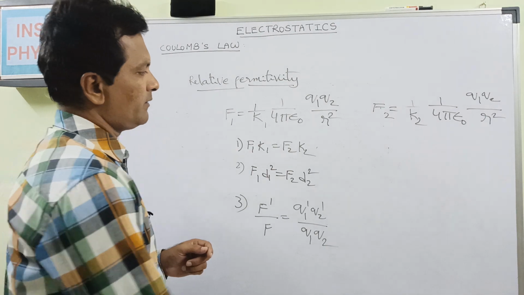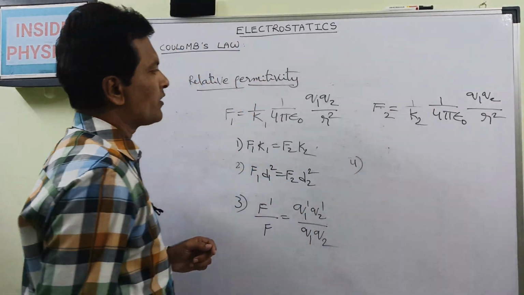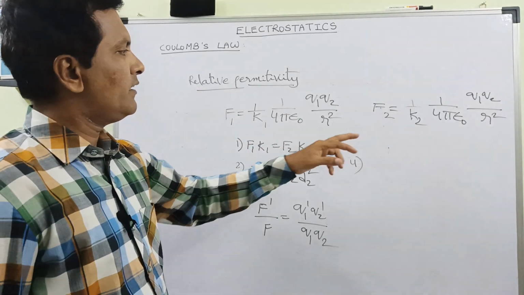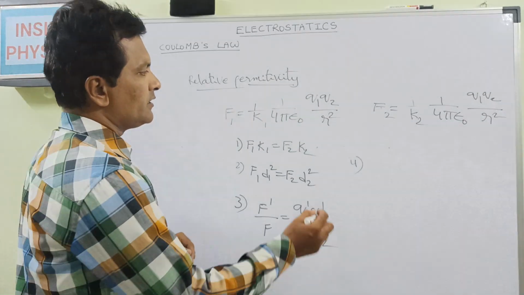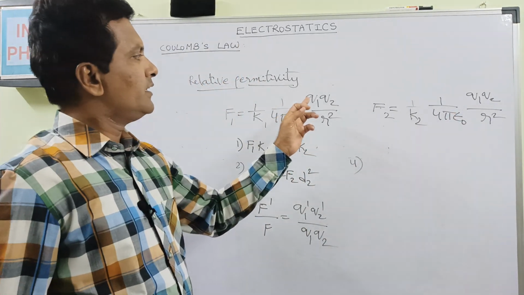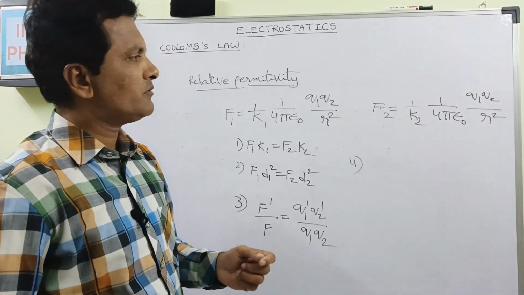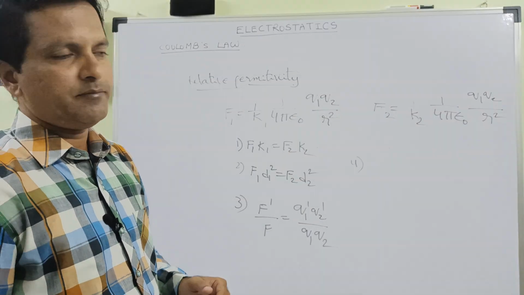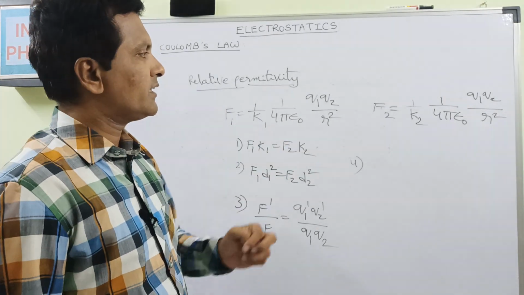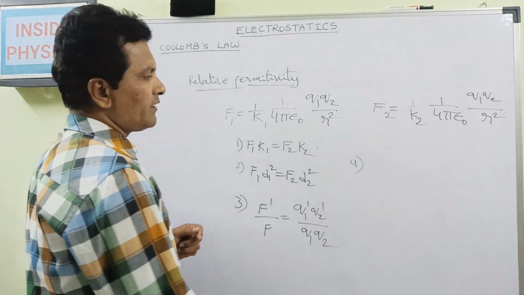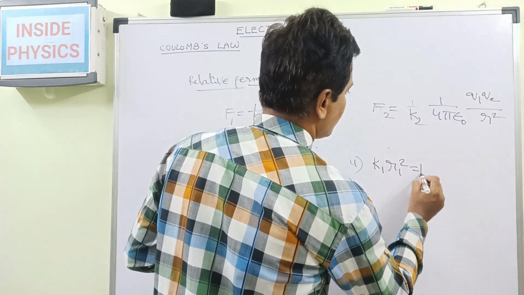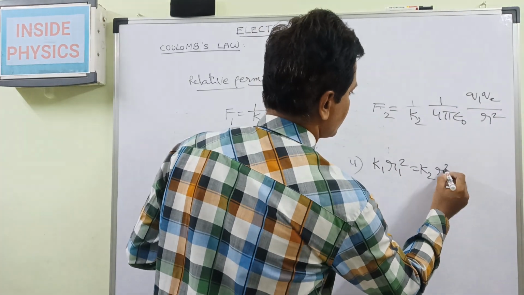And the fourth one, see, if these two charges are put in two different mediums with two different distances between them, and the force of attraction or repulsion is the same in these cases, so thereby we can write the fourth implication as K1 R1 square is equal to K2 R2 square.